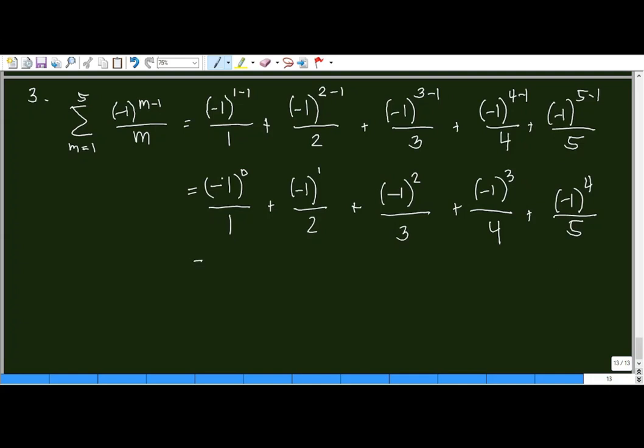Okay? Now, you have learned in your algebra, any number raised to 0 is not equal to 0, but rather that is equal to 1.